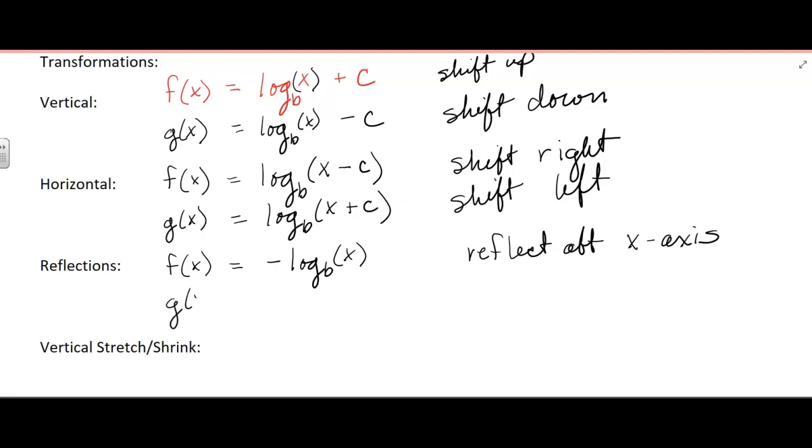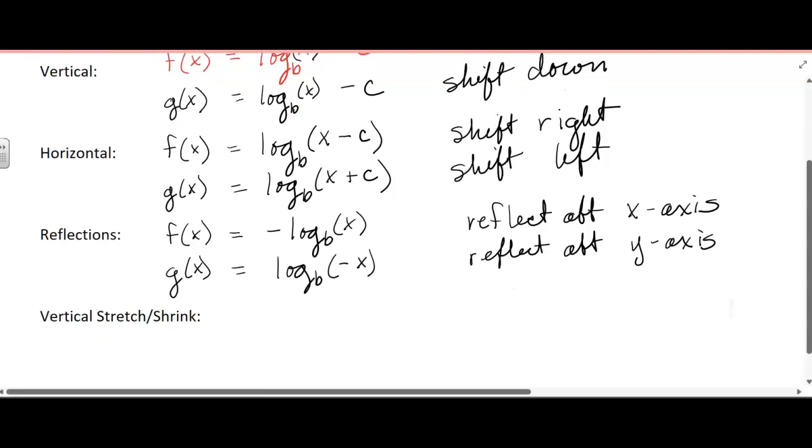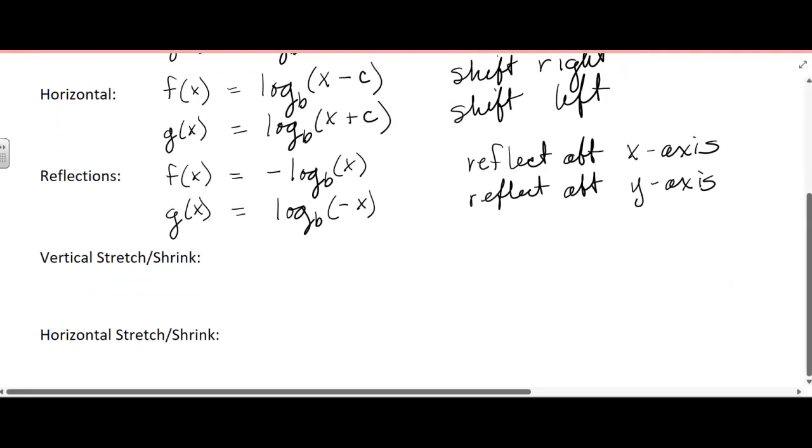And if you have a function where it's log base b of the opposite of x, now sometimes that concerns students because they're like, oh, the argument can't be negative. True, so you'd have to use x values that were less than 0, but you could do that. And then that would reflect about the y-axis. If you think about it, if you're using negative values, then you're going to be on the other side of y.